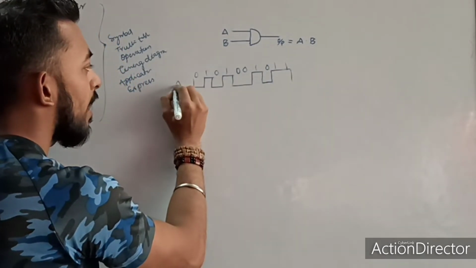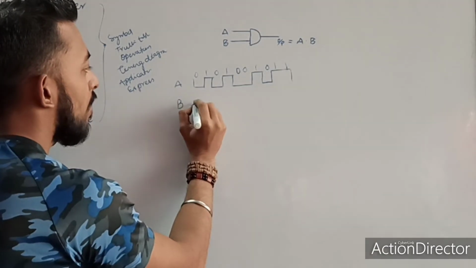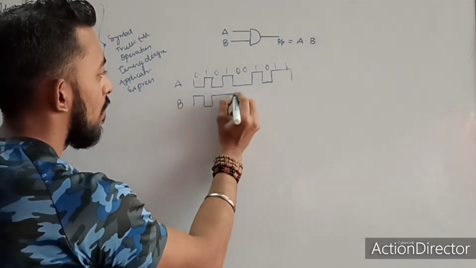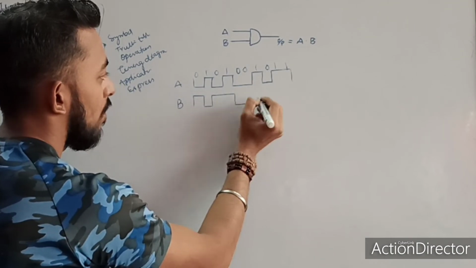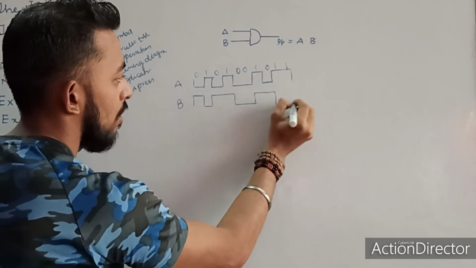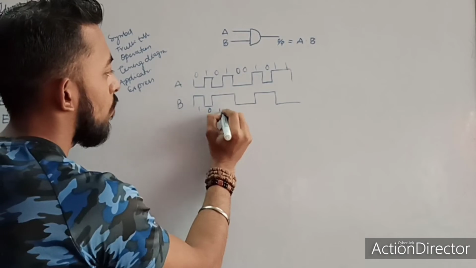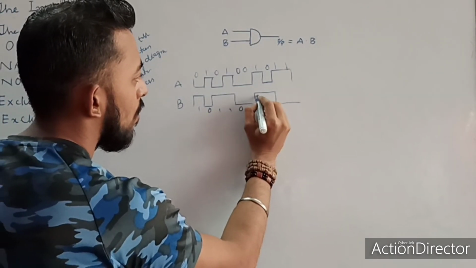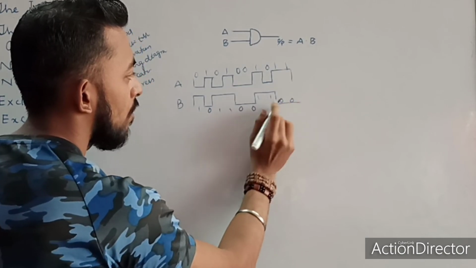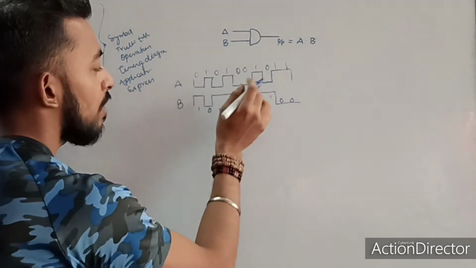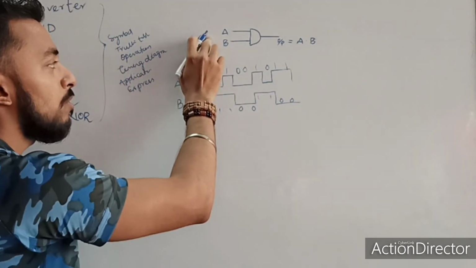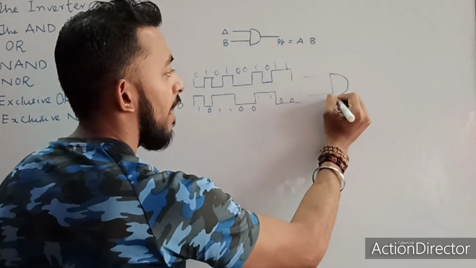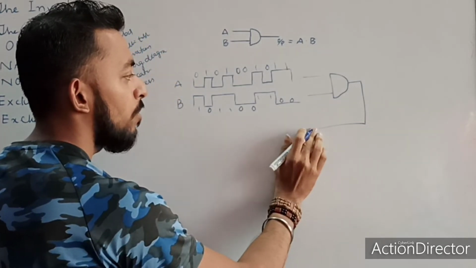This is the input A. And for my B input, let's take 1, 0, 1, 1, 0, 0, 1, 1, 0, 0. Suppose these are my two inputs to the AND gate, and this is the input applied to the AND gate. So what will my output be?